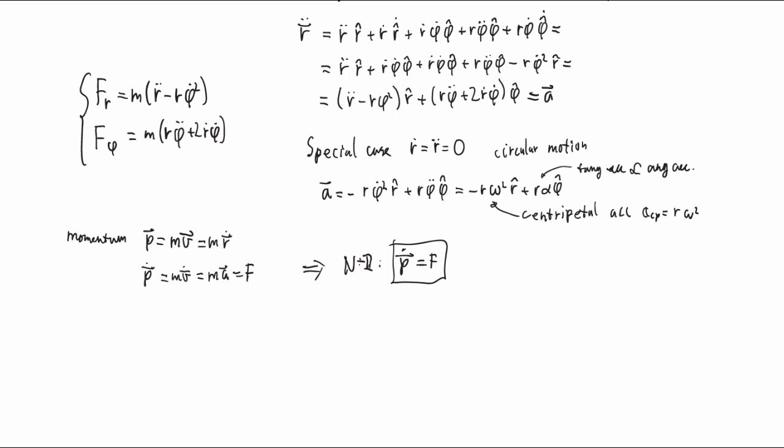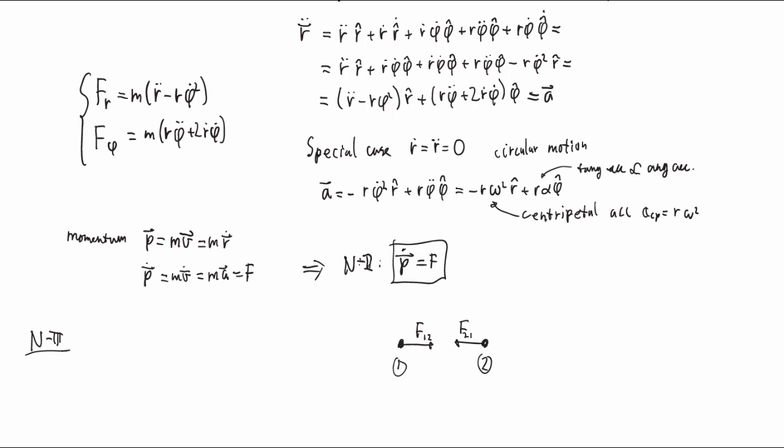Let's say a few words now about Newton's third law. Newton's third law applies to objects that are interacting with each other. Whenever there's a force, so this is object 1, this is object 2 here, there's going to be a force on object 1 coming from object 2. All forces are the result of interactions.